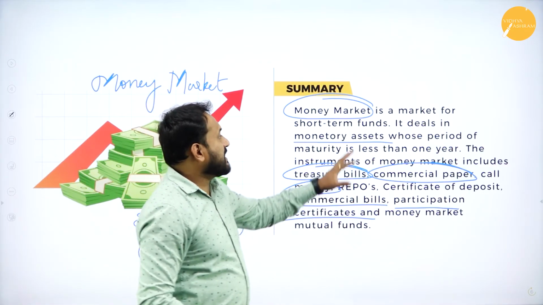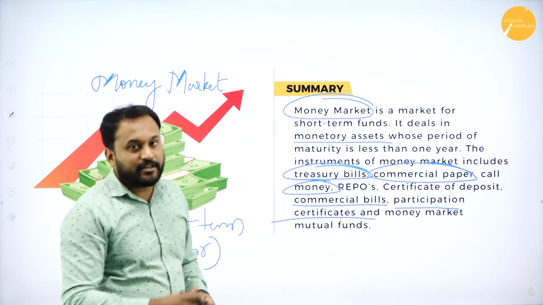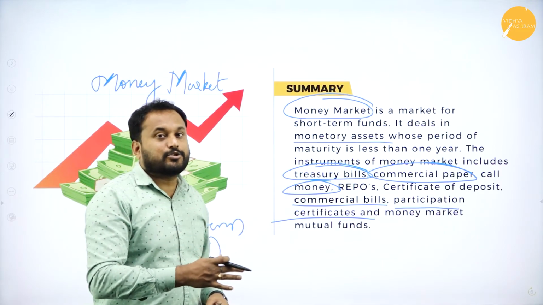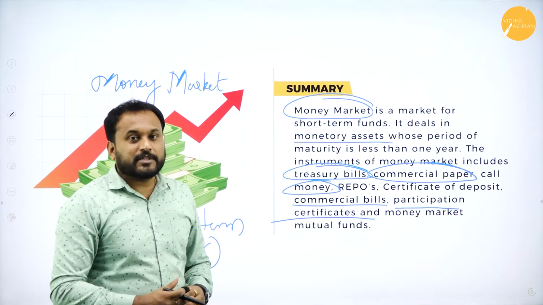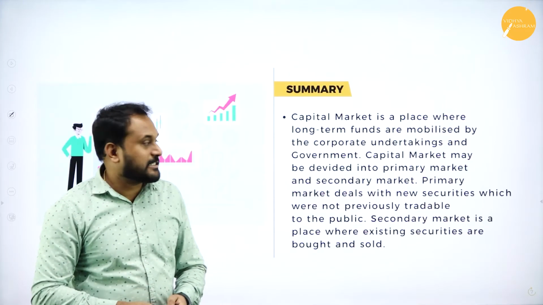So all these things are money market examples, that is short-term funds within 1 year. When you compare commercial paper from 90 days to 1 year, almost all the money market instruments are always less than 1 year in validity.